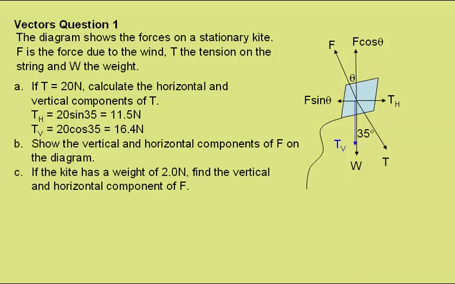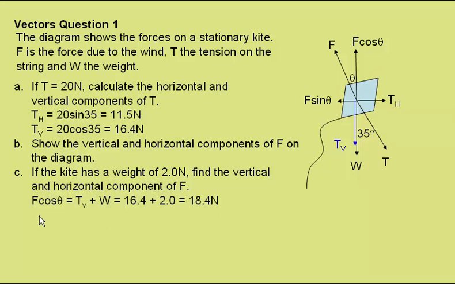Part C. If the kite has a weight of 2.0 newtons, find the vertical and horizontal component of F. Well, we're told that the kite is stationary, and so F cos theta, the vertical component of F, must equal the vertical component of tension, T sub v, and the weight.